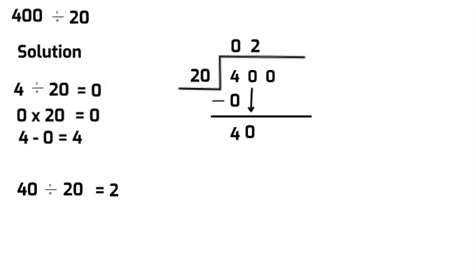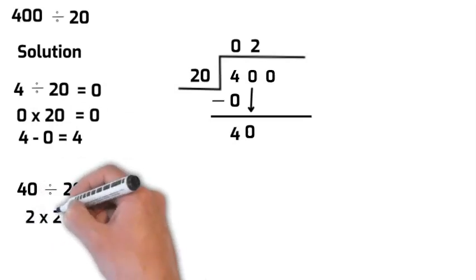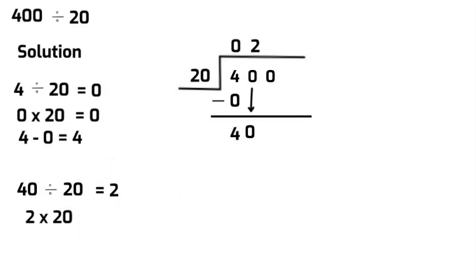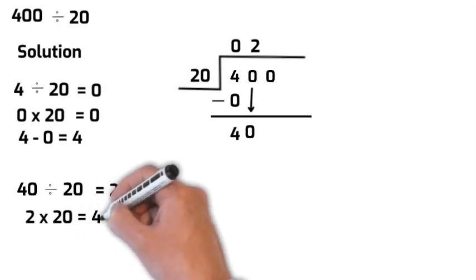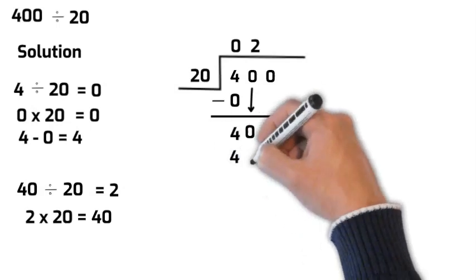Next, we multiply the 2 we just wrote down by 20. 2 times 20 is equal to 40. We write down 40.